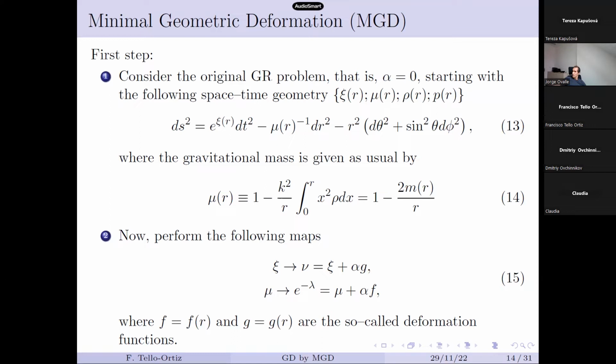This is so because in this way you are preserving the spherical symmetry of the space-time, okay? And you are coupling these 2 unknown functions, the so-called deformation function or the decoupler function, in the same way as you introduce the theta mu component, the theta mu tensor, okay? Using this alpha parameter.